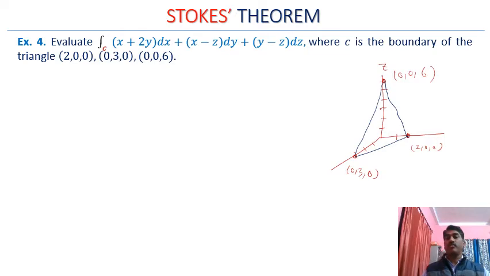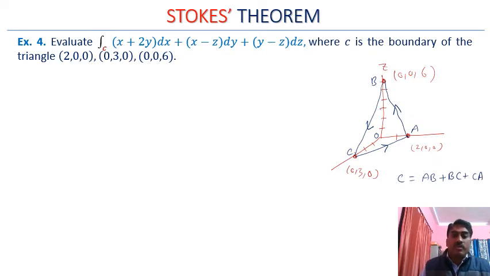This triangle forms the curve C. So if we name the origin as O, this is A, this is B, this is C, then C is exactly AB plus BC plus CA taken in the counterclockwise direction. So this is our triangle, this is C.